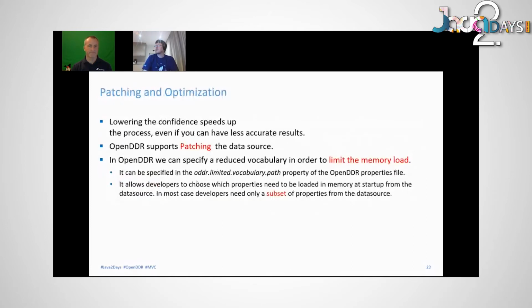It also allows patching, including you may even add some of your own custom properties in that patch that are not part of the core specification and vocabulary. So that means you can take the existing OpenDDR data and add a patch, and then patch it by adding your own devices if you want to work in a kind of closed environment and for some reason you don't want to contribute it back to the actual project.